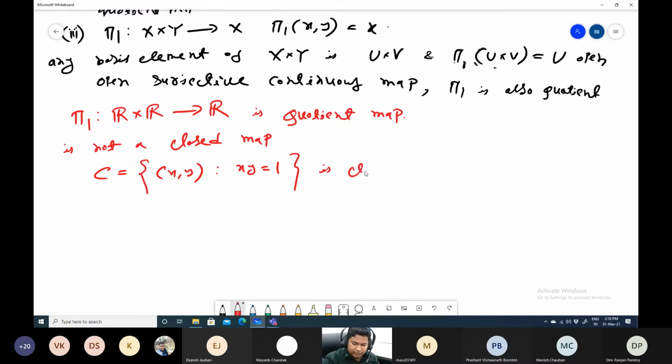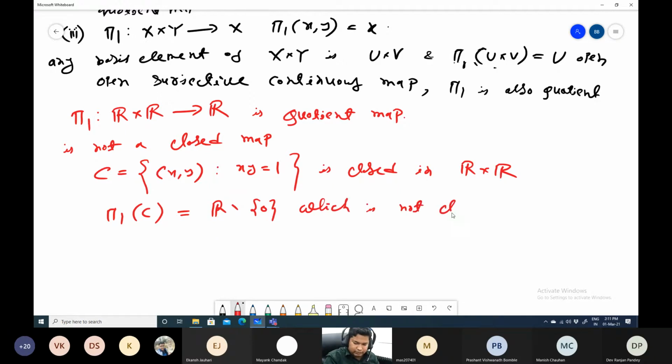This is obviously closed in R cross R, but pi1 of C will be R minus 0, which is not closed. Okay, so that is one example.